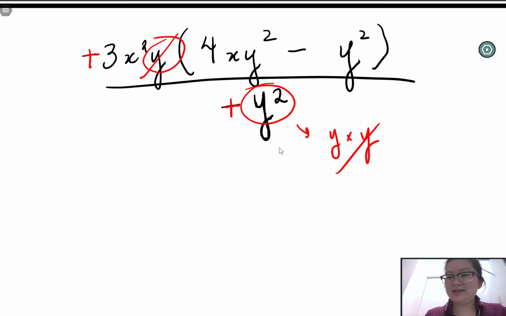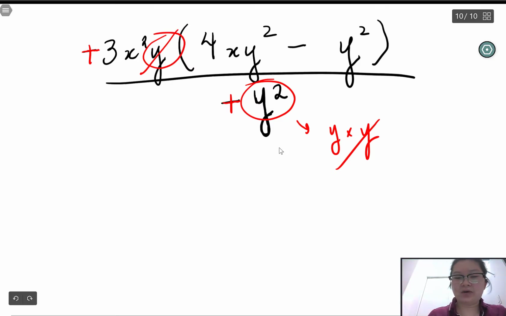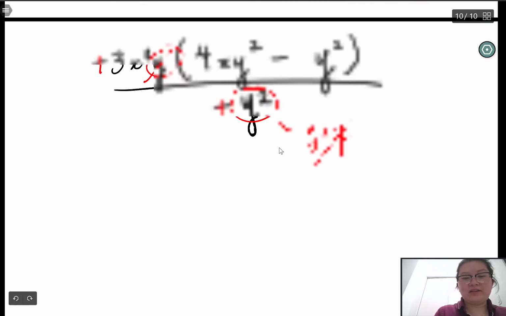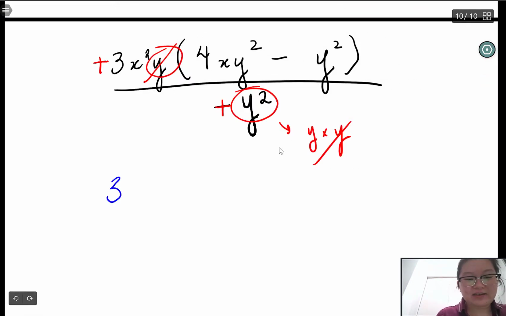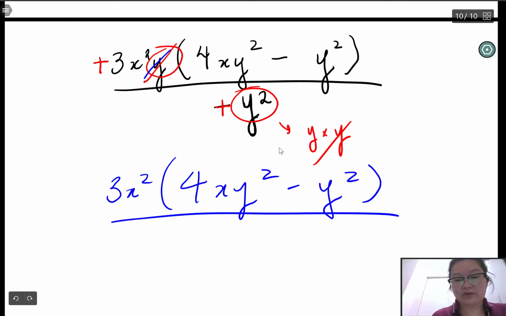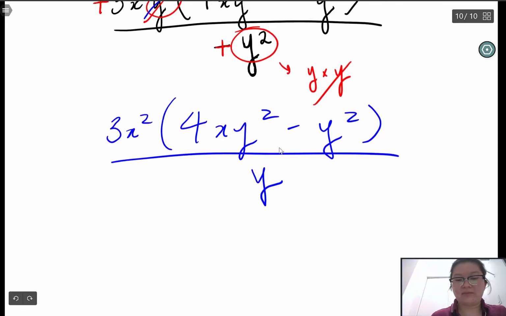And if that were the case, then I'm going to get the following. Let's rewrite all of this. Now that we've simplified it, I get 3x squared. Notice this y has gone away, and then everything inside my brackets still is intact. Then the bottom, I've lost one of the y's, so I just have y here on the bottom.